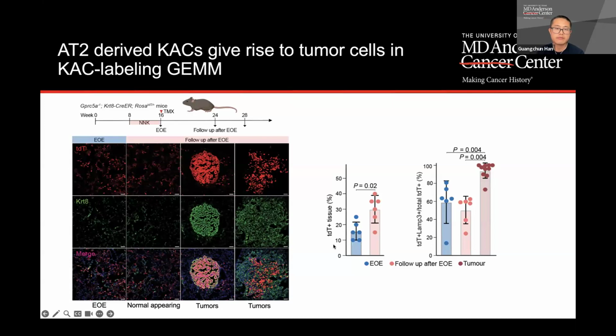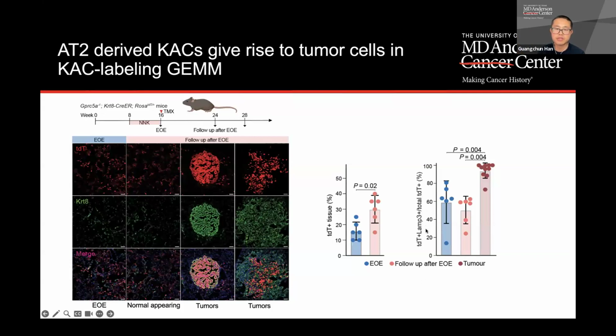We also compared the fraction of TD tomato positive tissues, and we found a significant increase for the TD tomato positive tissue areas, comparing follow-up with the end of treatment samples. Because KRT8 was not specific to alveolar cells, here we use LAMP3 as an additional marker to ensure that the tissue areas we captured are actually the CAC cells coming from the A2 cells.